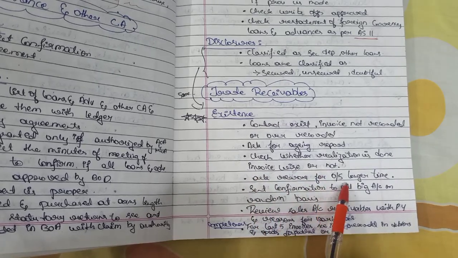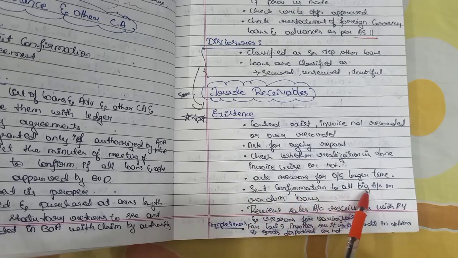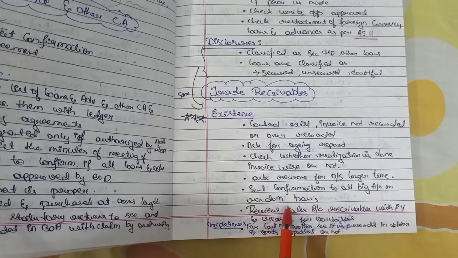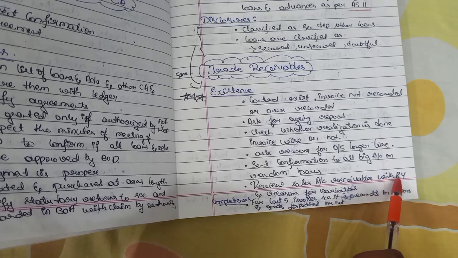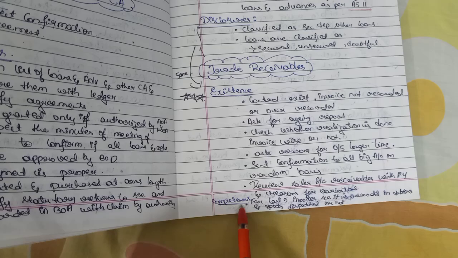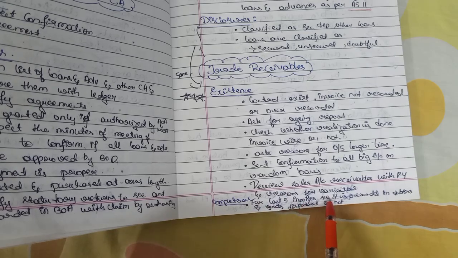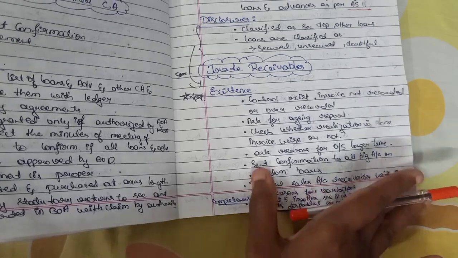Ask reasons for outstanding for a longer time. Send confirmation to all big accounts on a random basis. Review sales and accounts receivable with previous year and reasons for variations. For completeness, for the last 5 invoices, see it is recorded in debtors and goods dispatched or not.